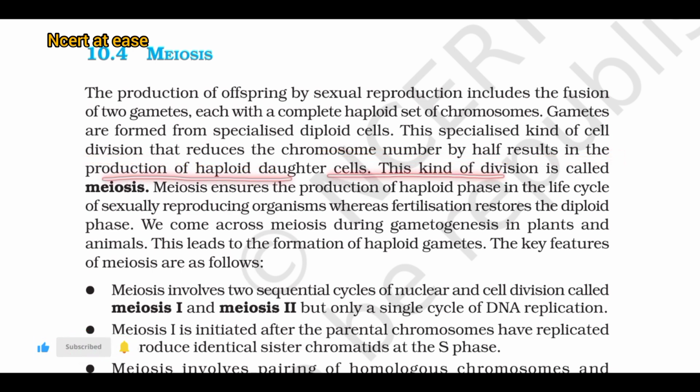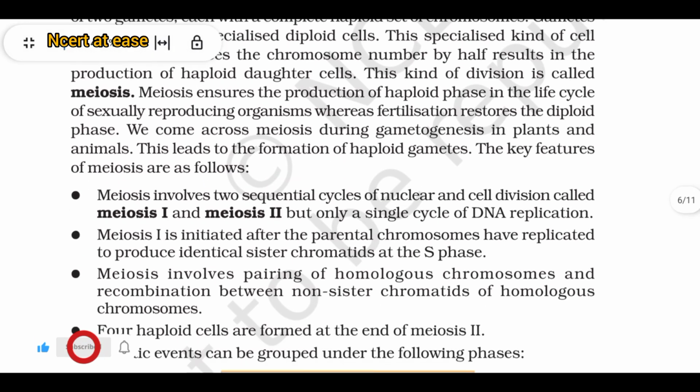This kind of division is called meiosis. Meiosis ensures the production of the haploid phase in the life cycle of sexually reproducing organisms, whereas fertilization restores the diploid phase. We come across meiosis during gametogenesis in plants and animals. This leads to the formation of haploid gametes. The key features of meiosis are as follows.